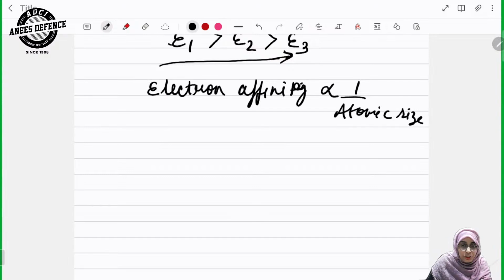As the atomic size increases, electron affinity decreases. Second, electron affinity is directly proportional to the effective nuclear charge.